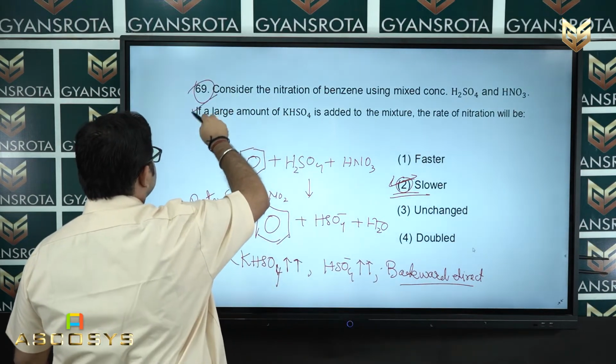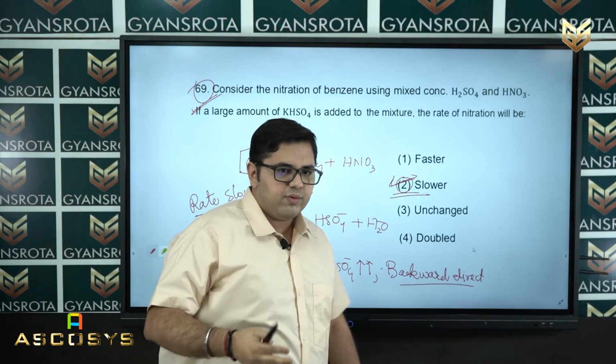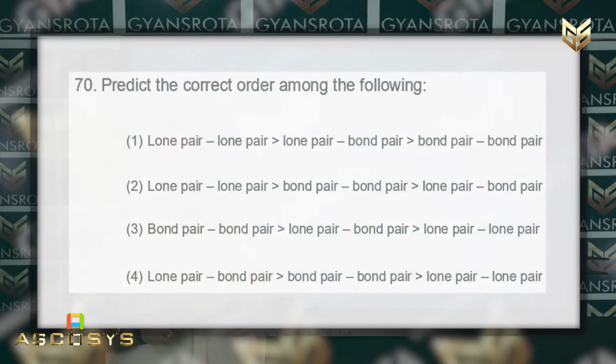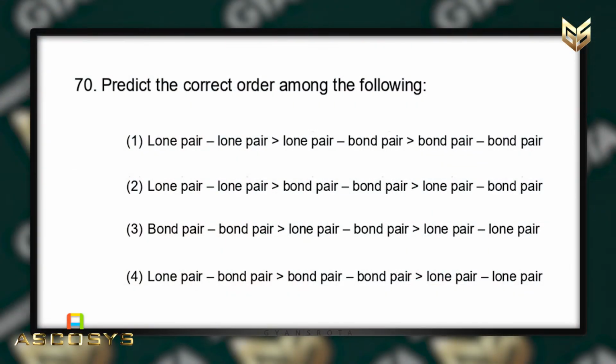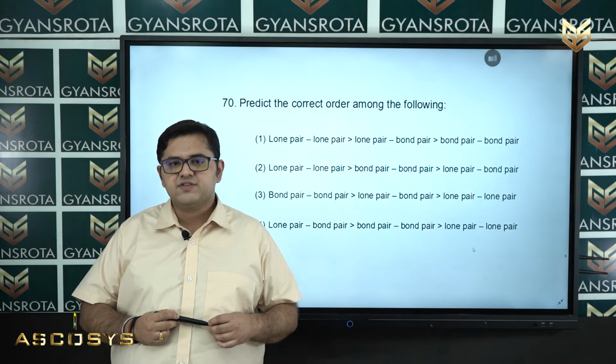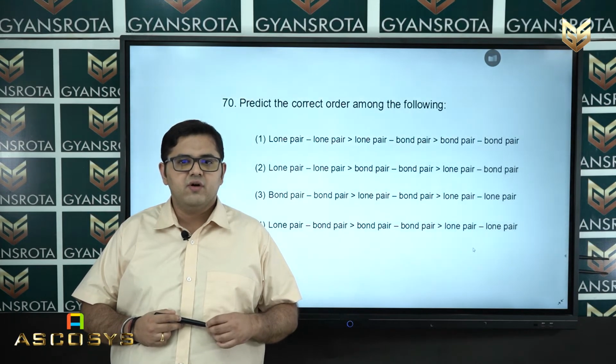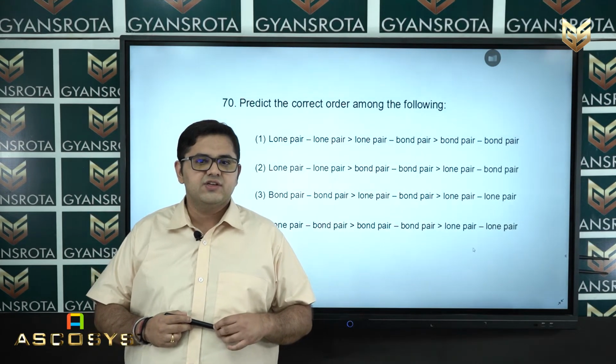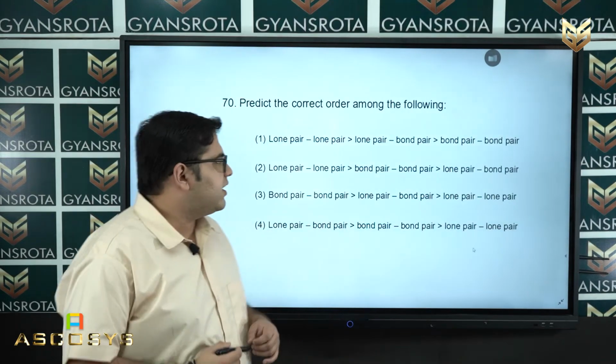So, if you see option number 2, where slower is the option, slower is the answer of question number 69. Now we are moving to another question, that is question number 70. Predict the correct order among the following. This question is basically asked from your chemical bonding chapter of class 11 NCERT. Now we are moving to the solution part.